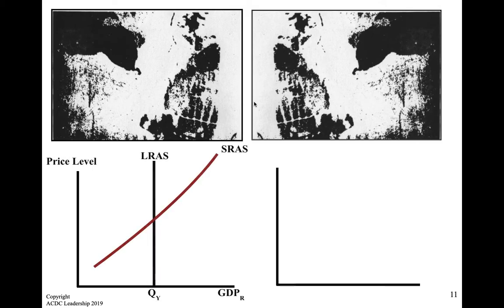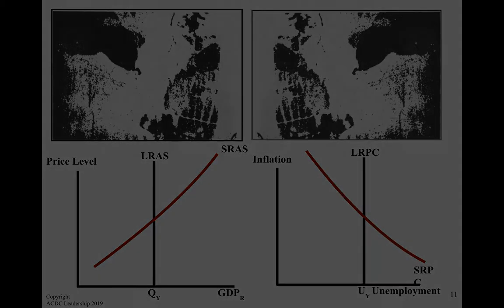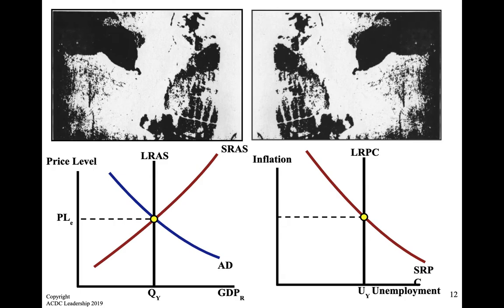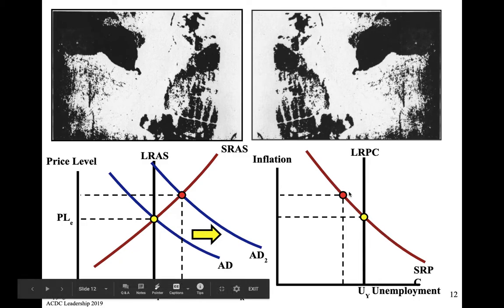He's got this up here because these two are mirror images. You have your aggregate supply and aggregate demand graph. When we shift demand, we travel along the short run Phillips curve.